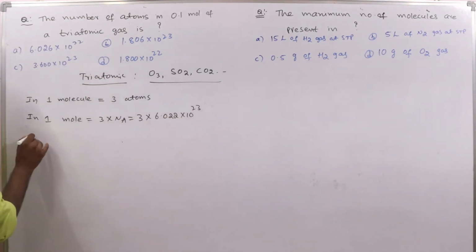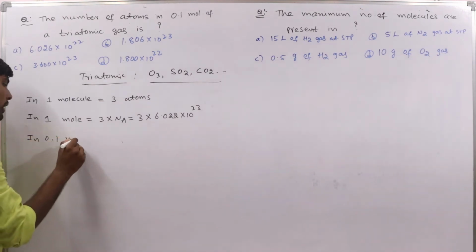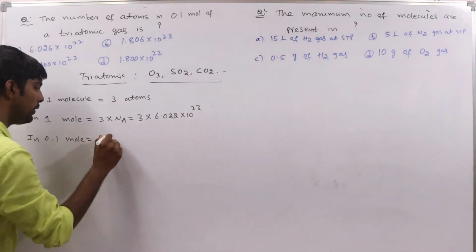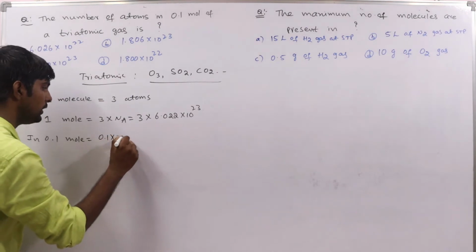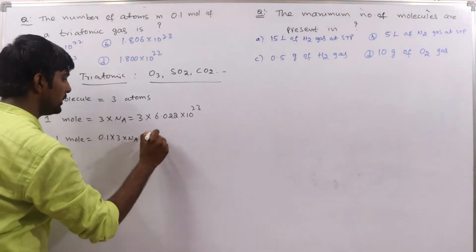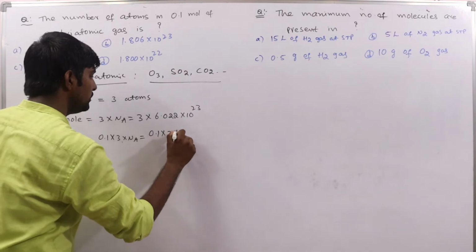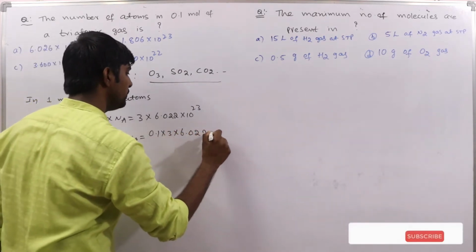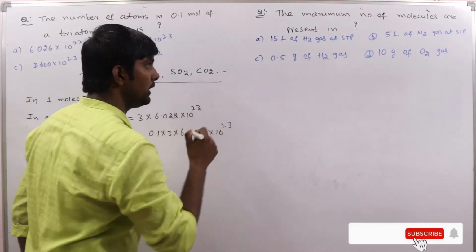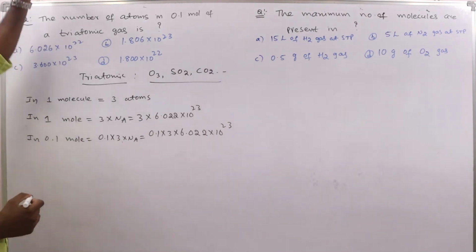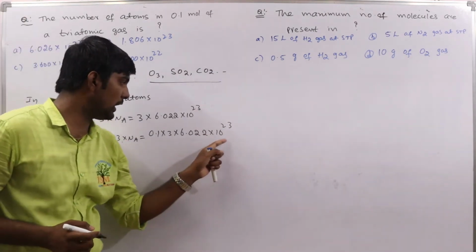In 0.1 mole, 0.1 into 3 into Avogadro number, that is 0.1 into 3 into 6.022 into 10 power 23. Clear? So these many atoms are there.